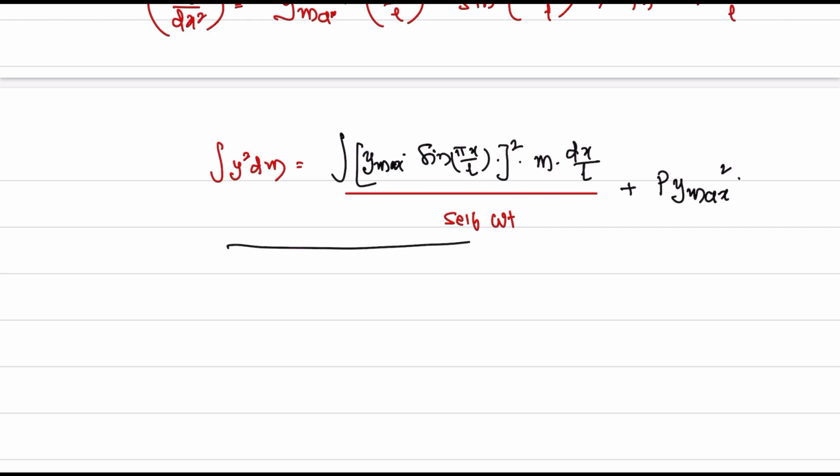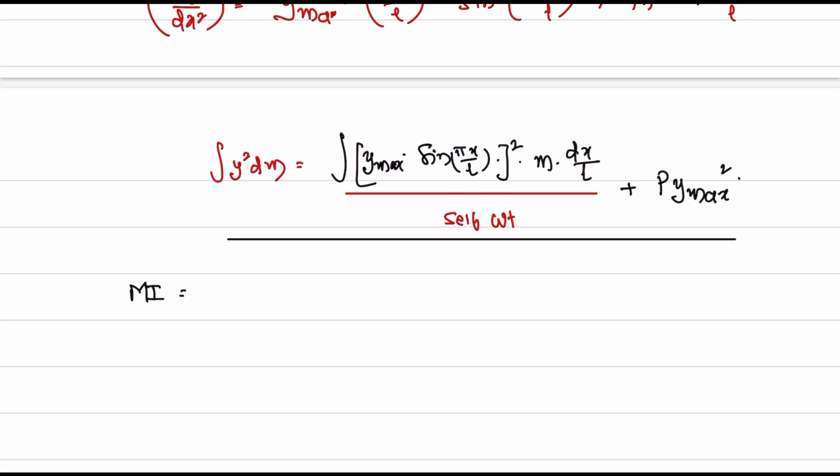Actually, the meaning of y square dm is, there are two types of moment of inertia. One moment of inertia, which we usually use in mechanical and civil engineering, is the second moment of area, which has units of m to the power of 4.